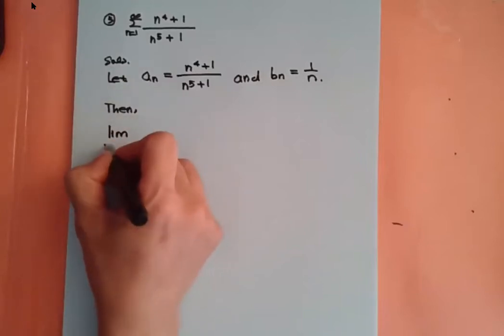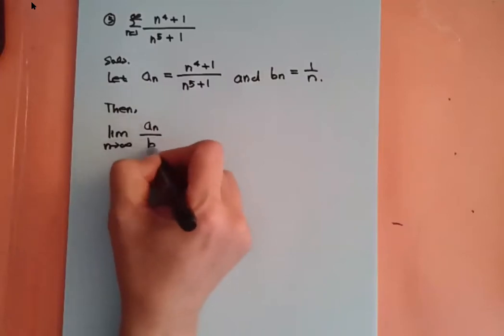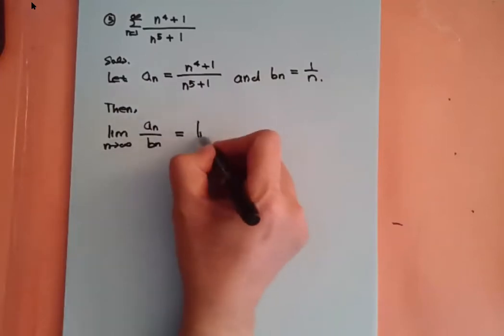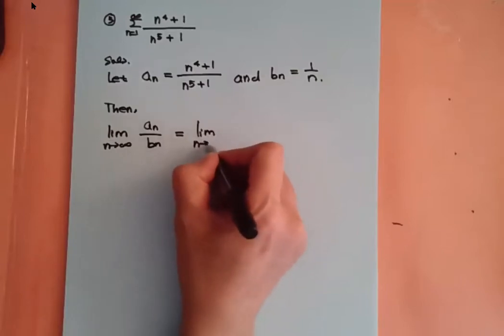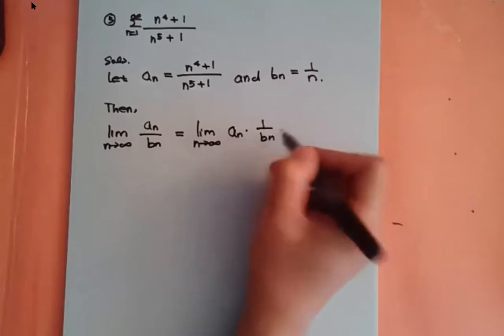So we consider limit n goes to infinity, an over bn. So we will rewrite that as limit n goes to infinity, an times 1 over bn.